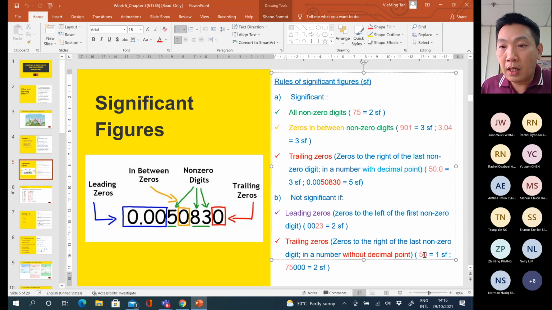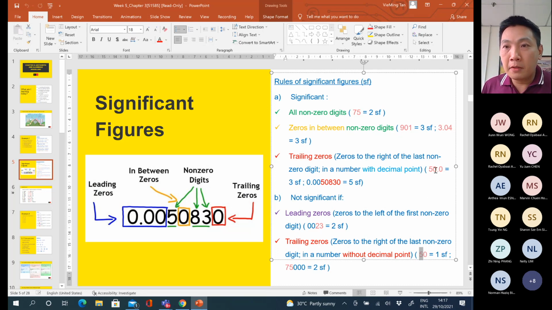After this 0, there is no decimal point. As a result, this 0 is considered as trailing 0, and it should not be included as a significant figure. So for this figure, we only count 5 as the significant figure. That means only one significant figure.